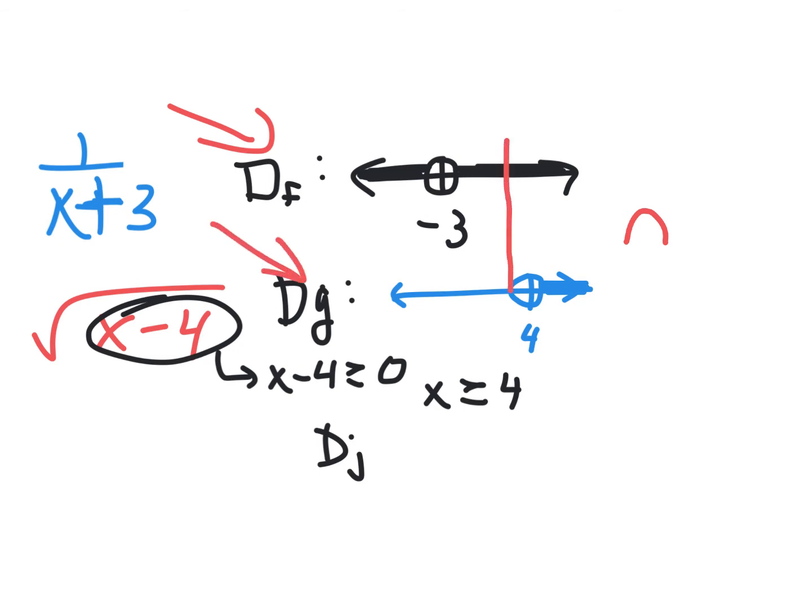I like to go like this and say, oh, it's from 4 to infinity. But be careful with that 4. Is the 4 in the intersection of the two? No. So we put a parenthesis. There's my final answer. You could have written that as a number line also, but the first two need to be number lines because you have to see where they overlap with each other.